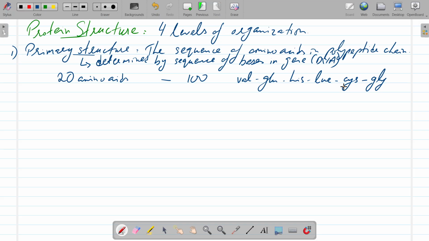You don't really need to know the names of each and every one of them, although it is something you can easily find. If I take you to an index of amino acids, let me share that on screen.